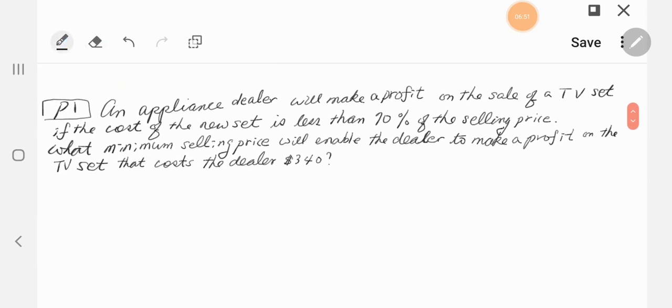Let's try problem 1. An appliance dealer will make a profit on the sale of a television set if the cost of a television set is less than 70% of the selling price. So you have a selling price.